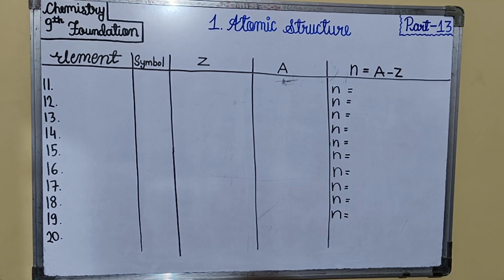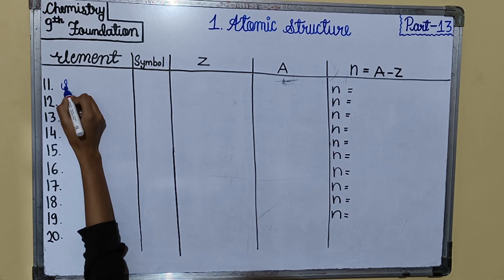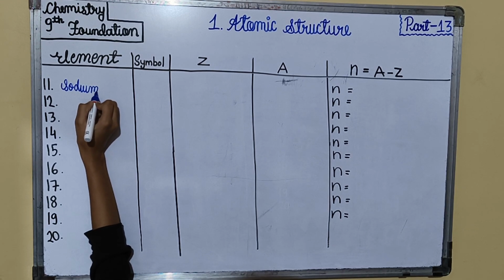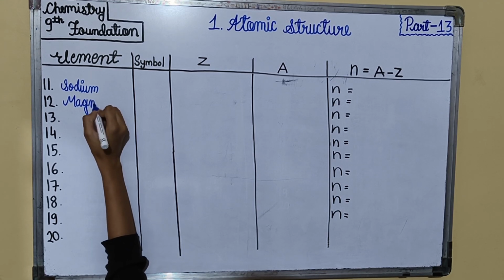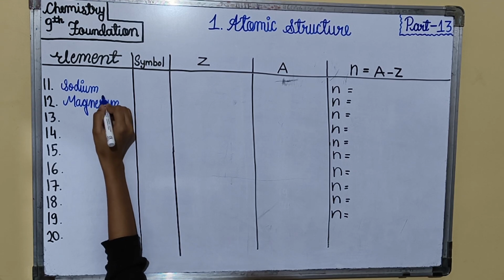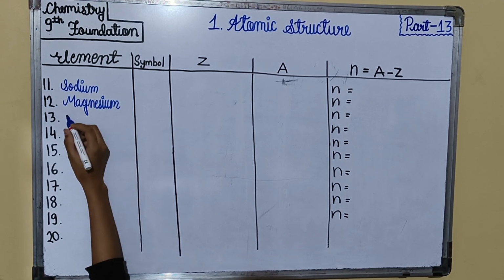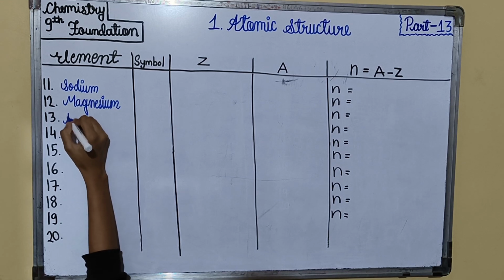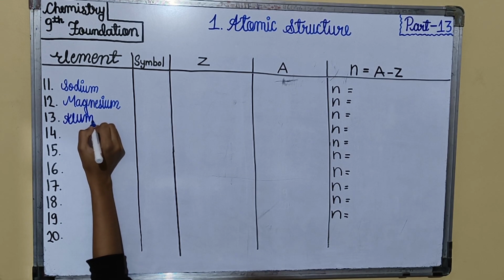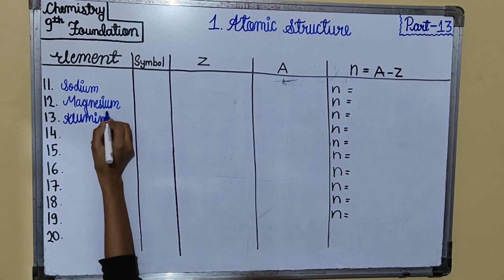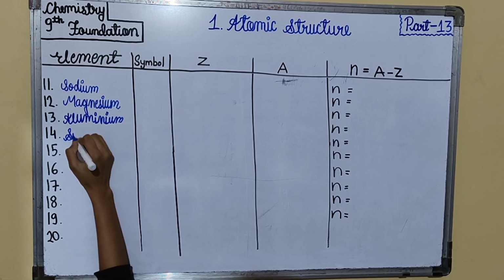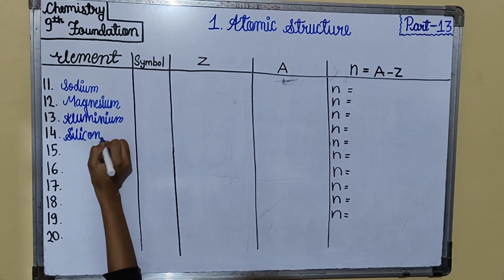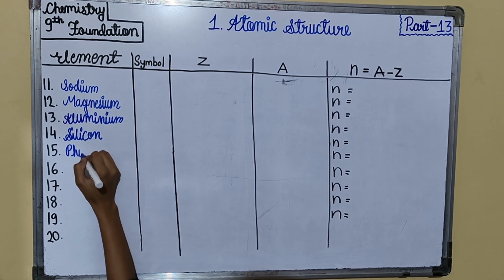So the 11th element is sodium. 12th element is magnesium. 13th element is aluminium. 14th element is silicon. 15th element is phosphorus.